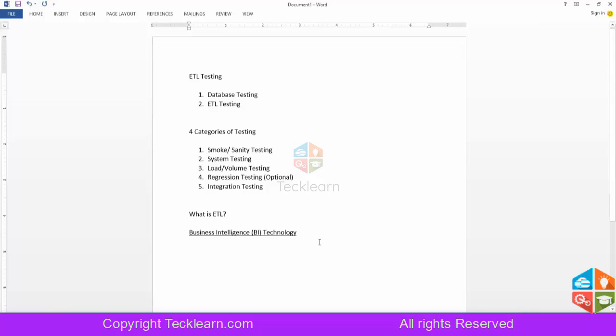Business intelligence technology is now part of every organization, whether it is small, medium or large scale. Nowadays this has become a crucial department or vertical for every organization. It consists of integration services, reporting, and analysis.